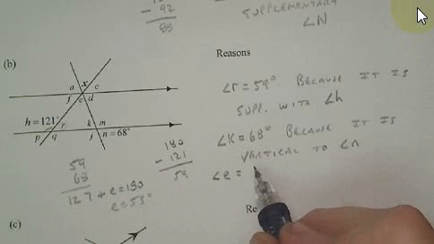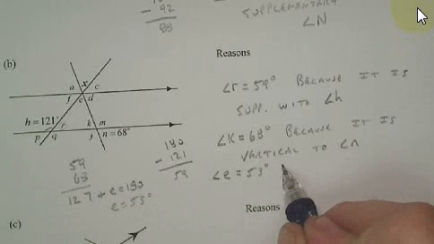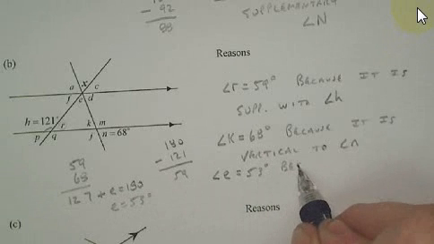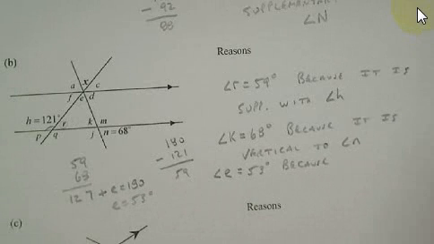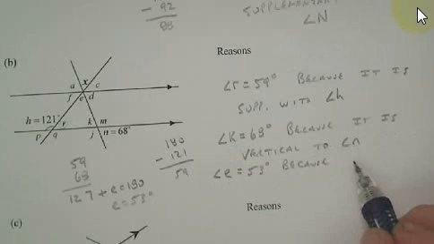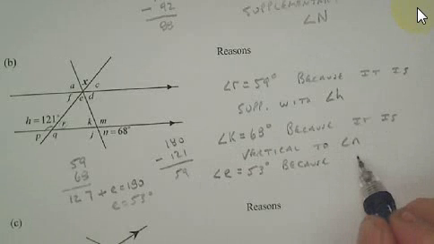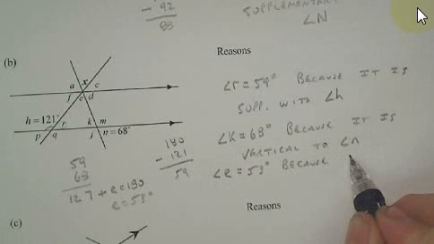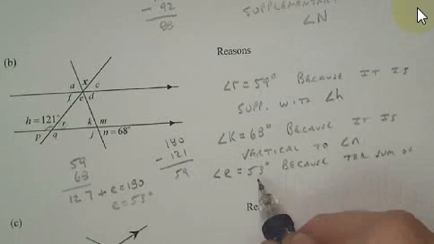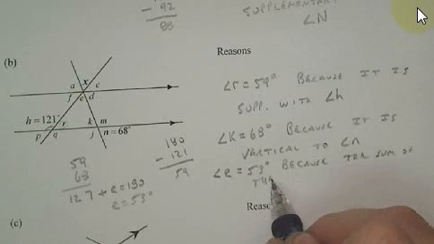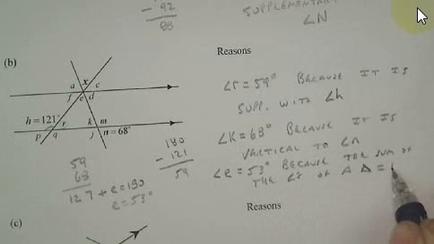So I come over here to my reasons and I say E is 53 degrees because, and you could do like a triangle sum theorem or something like that, or some people like to write angle E plus angle R plus angle K is 180 degrees. We'll just put because the sum of the angles of a triangle is 180.